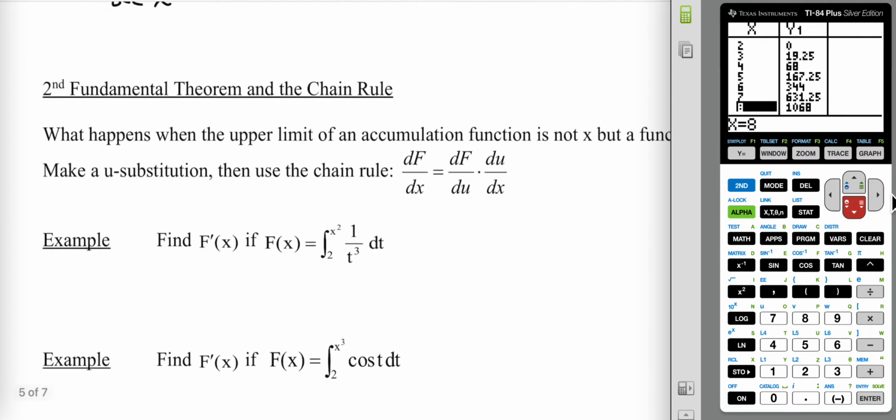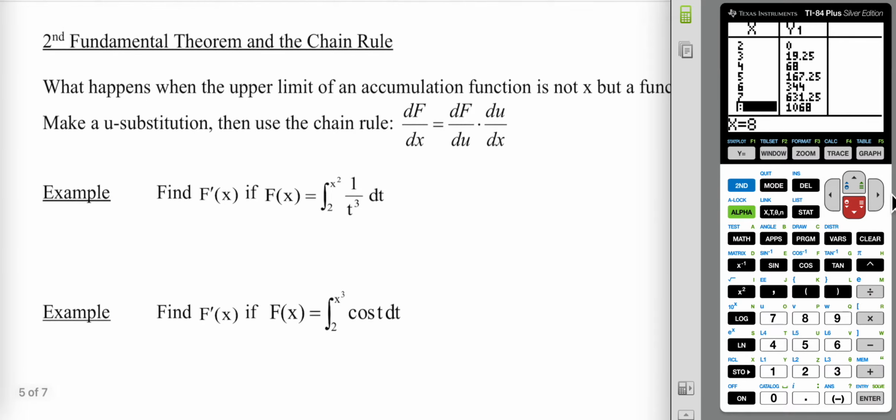All right, so what we do here is essentially, we apply the chain rule. So what we do is we multiply by the derivative of the upper bound, and that's the only difference. So when I find the derivative here, so f prime of x, I'm going to replace the variable t with the upper bound itself.